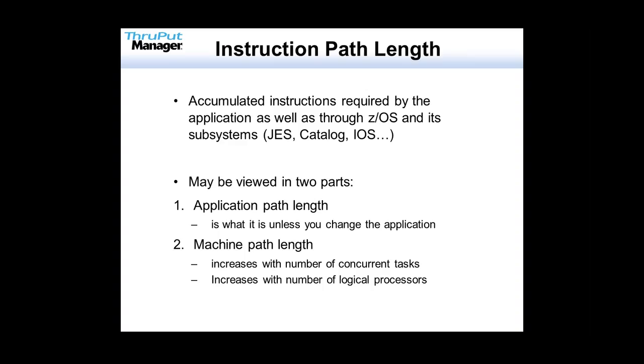JES needs to schedule the task and manage the output. Catalog is likely going to be called to look up the location of needed data. IOS will be called to perform the actual IOs to external storage and so on. So these services and more in z/OS are shared with all of the tasks in the system. What this means is the machine path length will increase with the number of concurrent tasks and the number of concurrent processors.